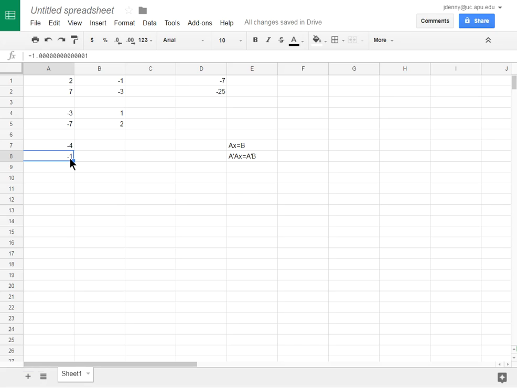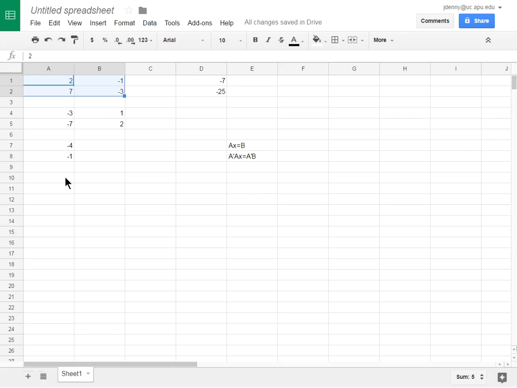Here's our matrix that X would have to be in order to get this equation to be true. So what this means is my original matrix up here, this is my A matrix. If I take this matrix and multiply it by my X matrix, the one I just solved for, I should get this B matrix as a result.